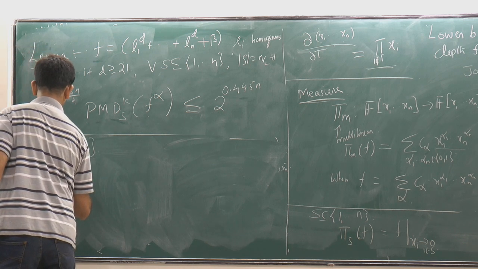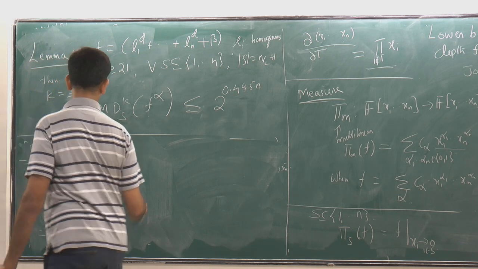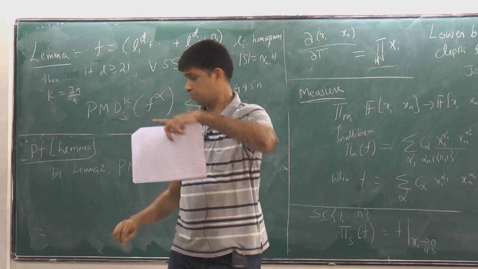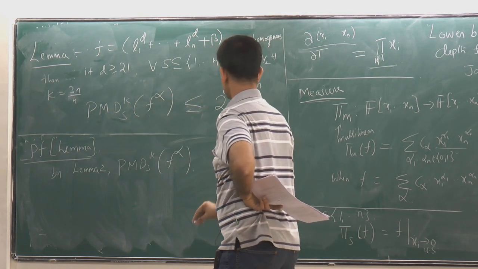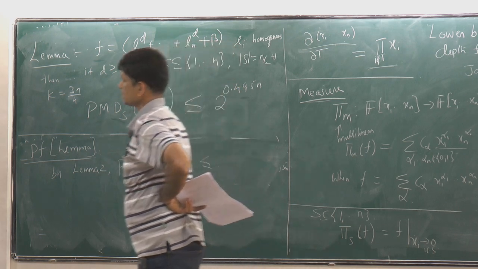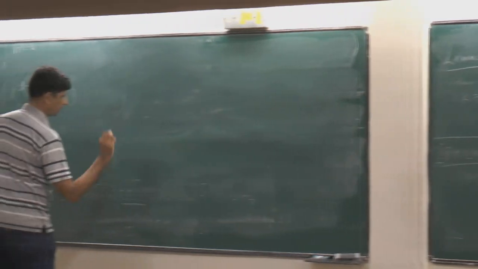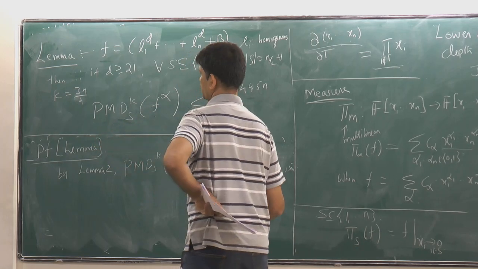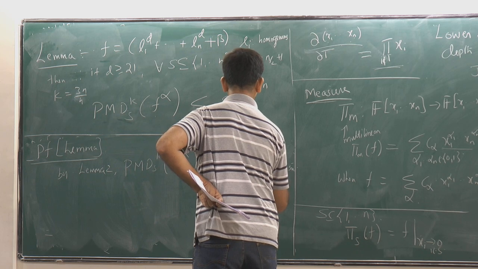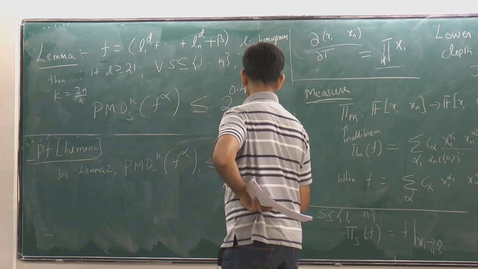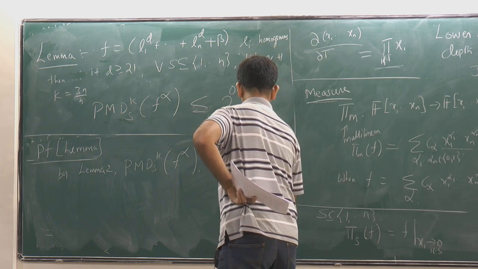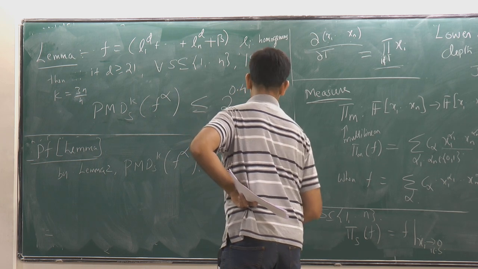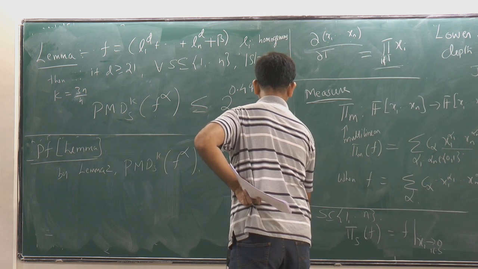So by lemma 2, the dimension of projected multilinear derivatives of f to the alpha is at most the size of the first set, which is at most k times the size of the set of all multilinear monomials in S bar of degree lambda n, plus the number of monomials of degree at most 1 plus epsilon times n by d in the variable y.